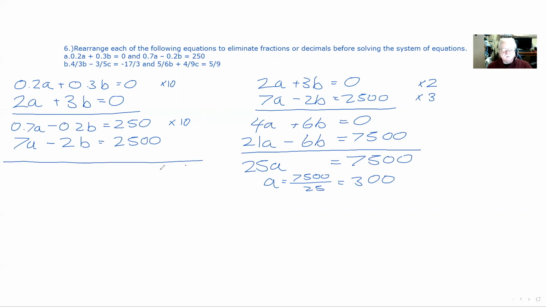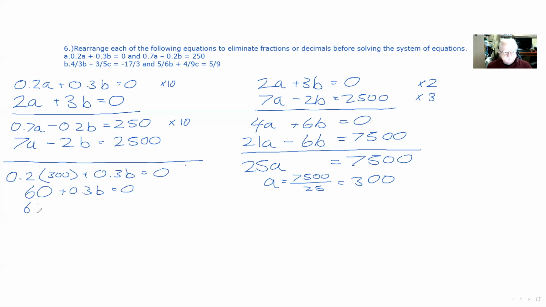let's plug it into the two equations and make sure it works. So 0.2 times 300 plus 0.3b equals 0. So 300 times 0.2 is 60 plus 0.3b equals 0.